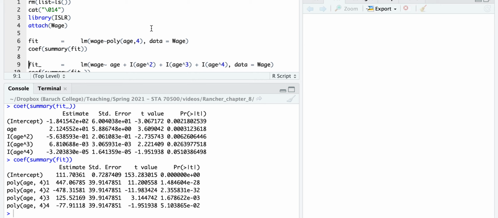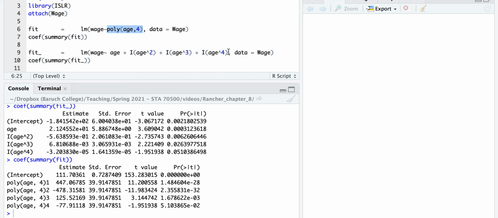when we use this poly age 4, it gives us a basis of orthogonal polynomials, which essentially means that each column is a linear combination of the variables age, age 2, age 3, age 4. Just look at this.